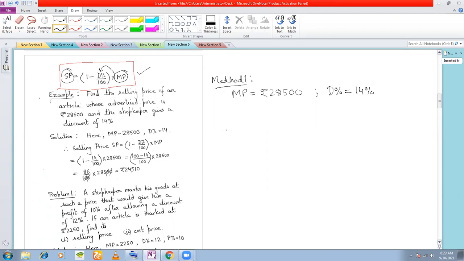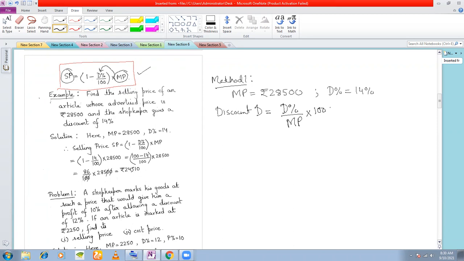Okay. Now you can first calculate the discount, say D. It is equal to, if you remember the formula for discount, discount percentage divided by 100 into mark price.